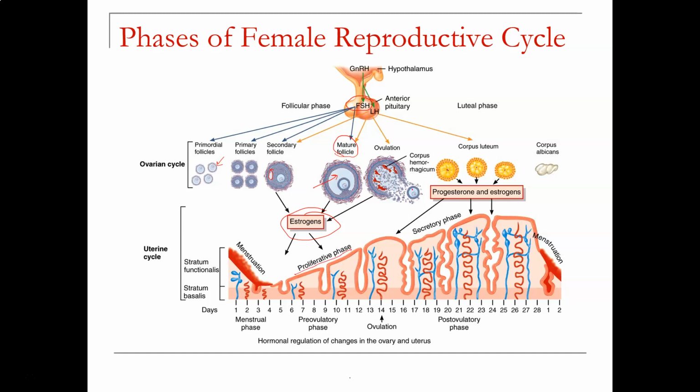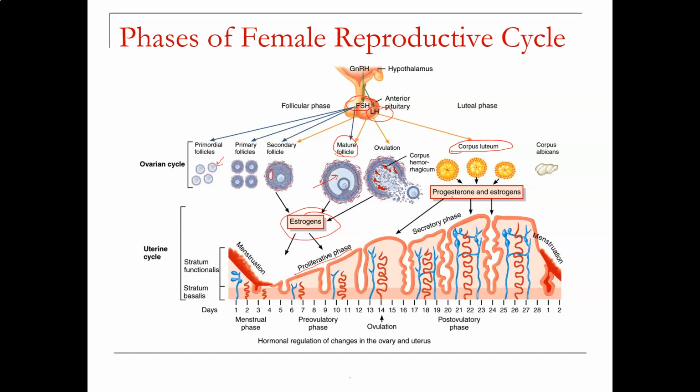Okay, then the egg is ovulated into the fallopian tube, and what is left of the mature follicle is transformed into something called the corpus luteum, which means yellow body, and the primary hormone driving that is LH, luteinizing hormone. So the corpus luteum begins to make progesterone, and estrogen continues to be made.